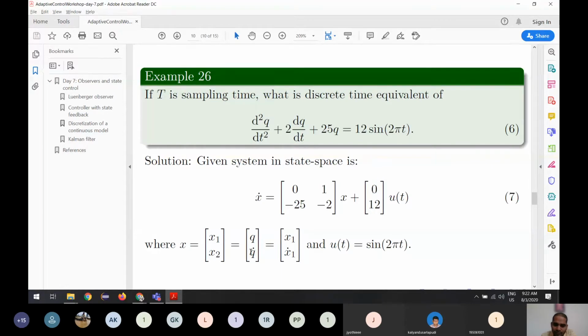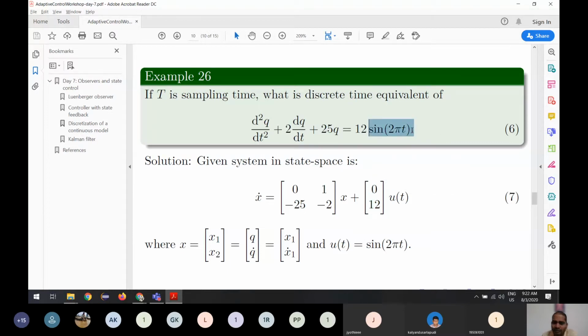The second row is x2 dot, which is q double dot, so only in the q double dot equation do we have this term. For the first row we put 0, and for the second row we put 12.